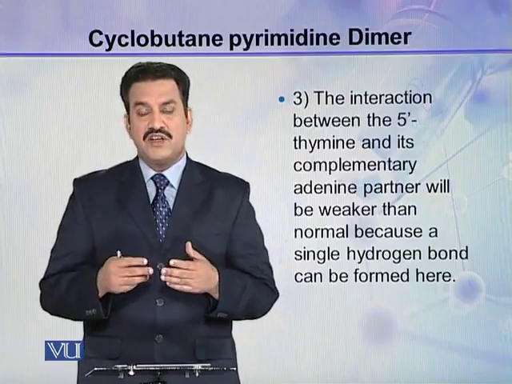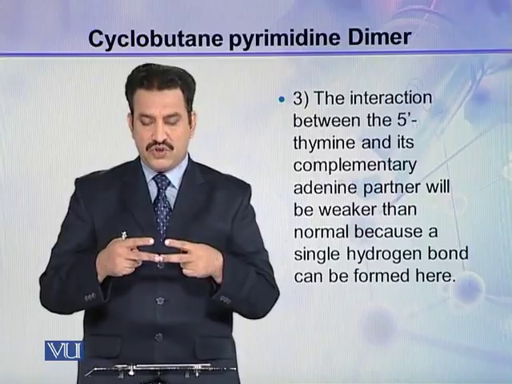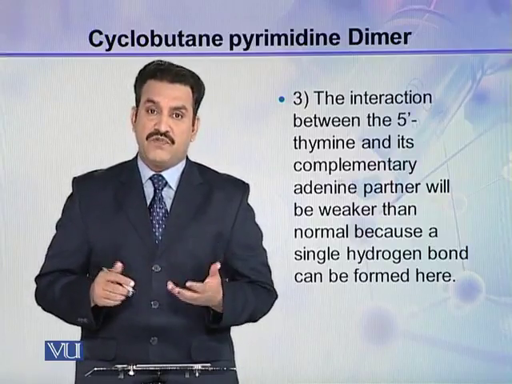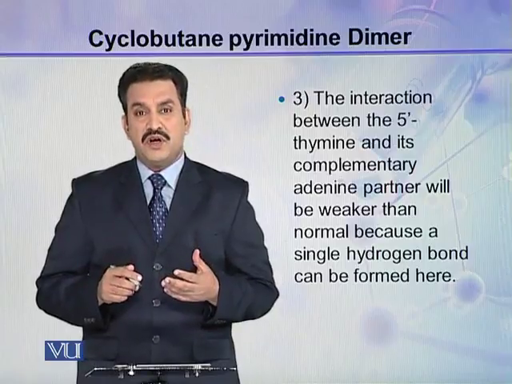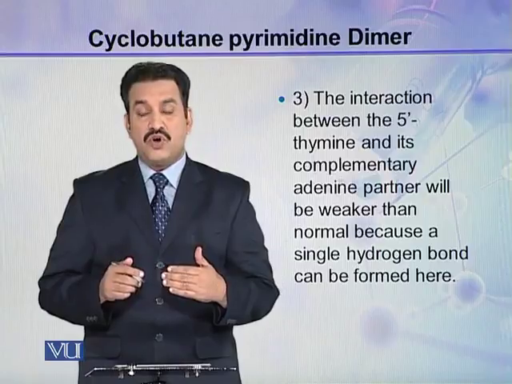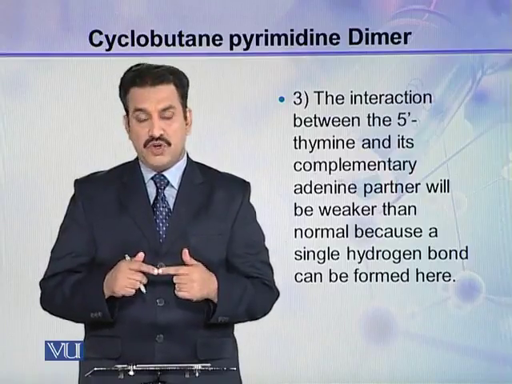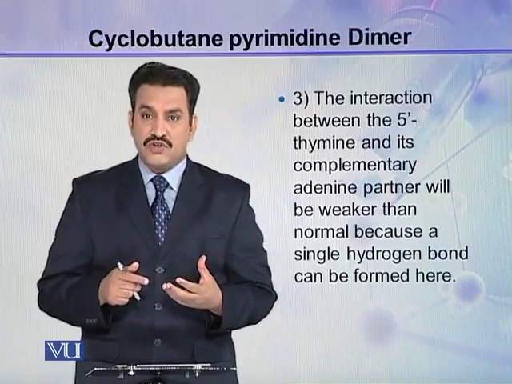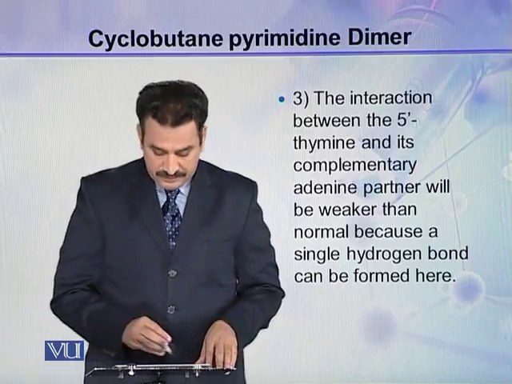But in case of dimer formation, the thymine towards the 5' end makes only 1 hydrogen bond because the space for the formation of a second hydrogen bond is not available.